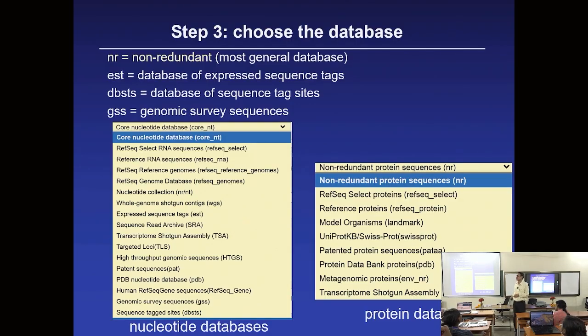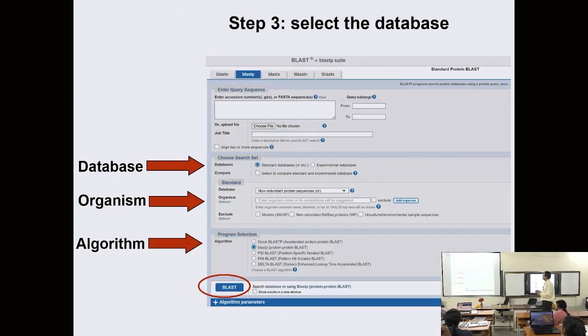Okay, so select the database, this is the option, the standard database. Otherwise, you will get here the option to choose any other database that you want to. Okay, so which is here, the organism that you want to compare against.